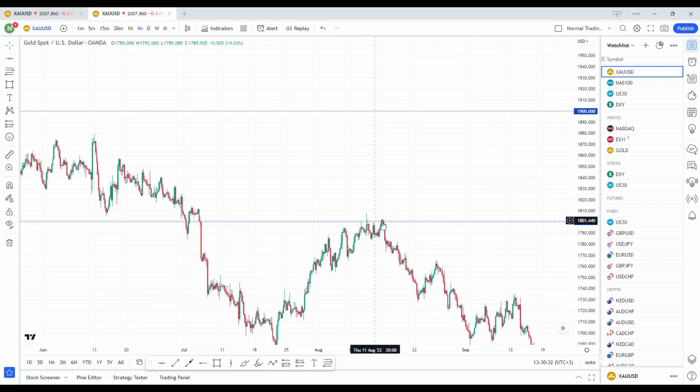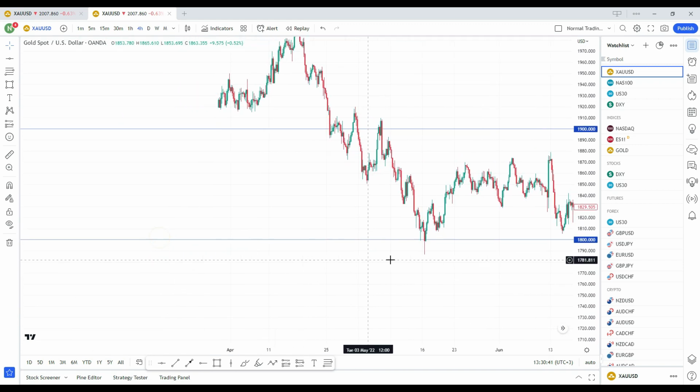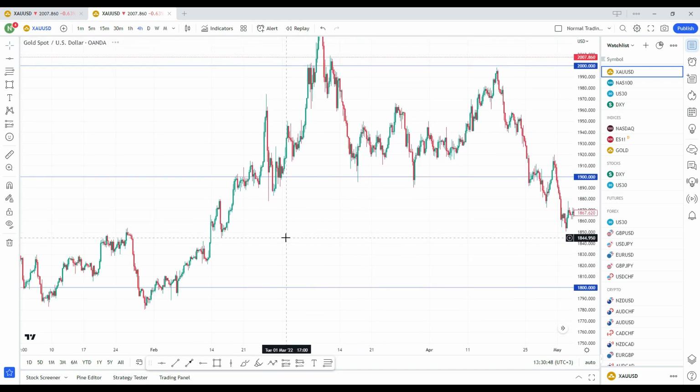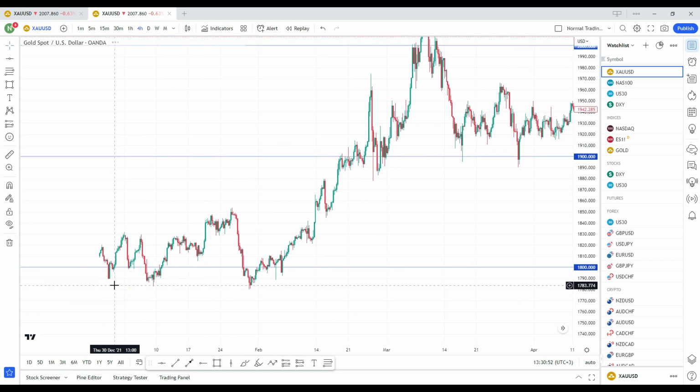It became a very strong resistance here and became support somehow. Very strong support here. There is another one, a very strong resistance and support. So when you talk of support and resistance, I think these zones play a big role.